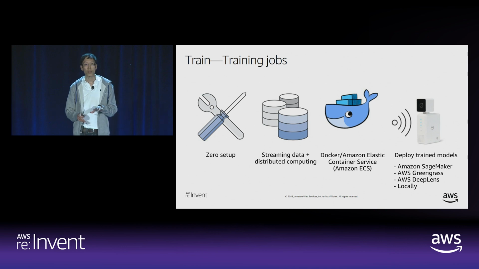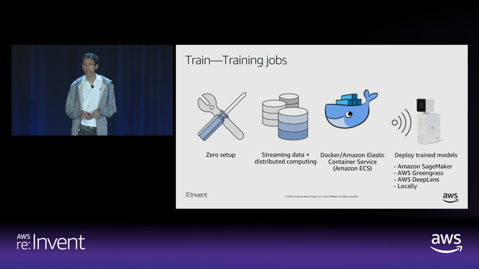Streaming data is very important because if you have new data every day, you don't need to train the data from day one, right? You can train only the incremental data. That is streaming data, and it also supports distributed computing.